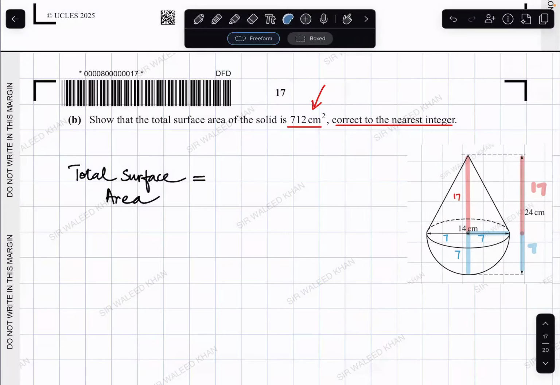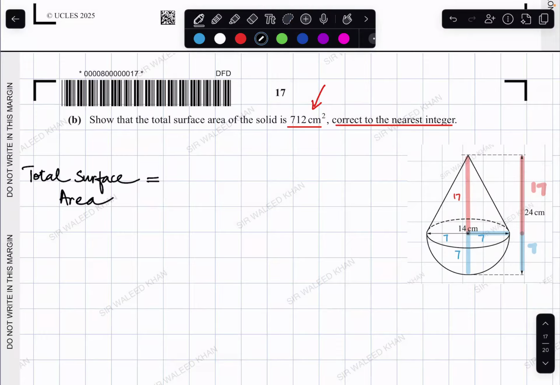Right? What did I tell you? Imagine you have a paintbrush. Can you paint inside this shape? If it's a solid, no. So on the outer part you can just paint the curved surface of this cone.